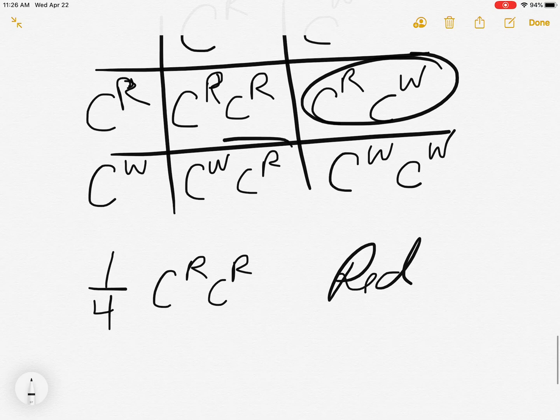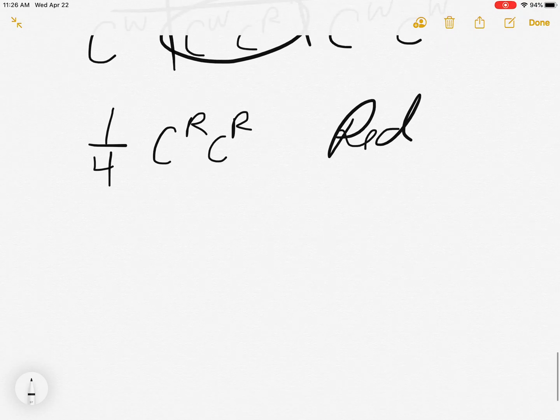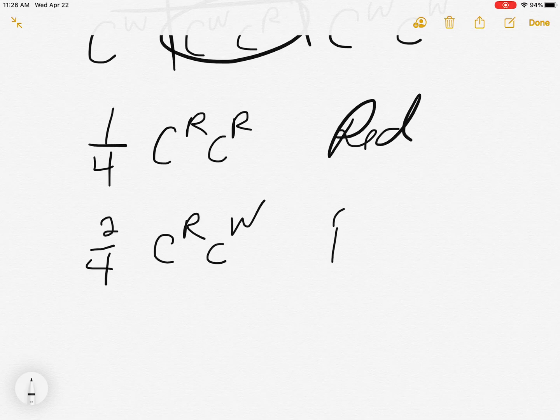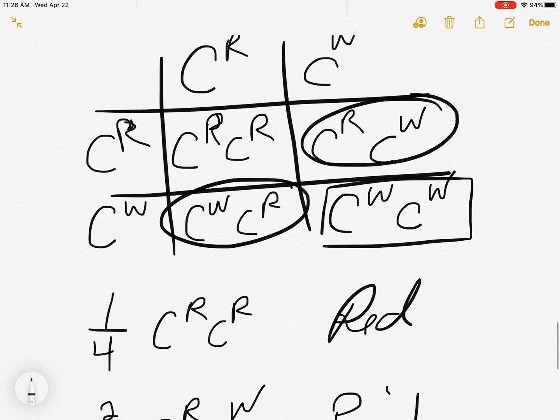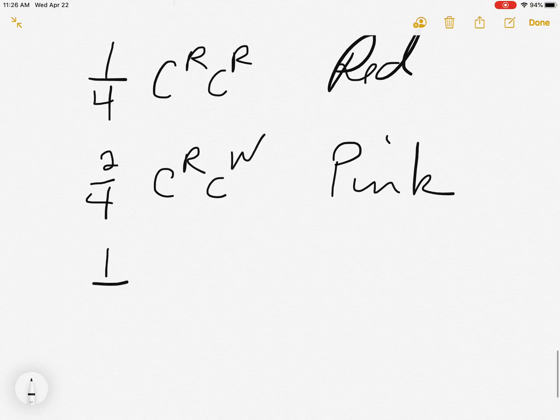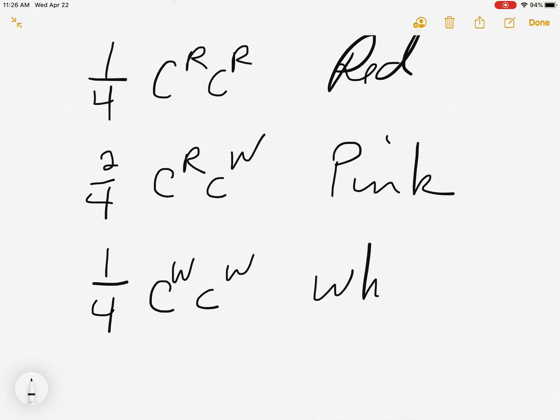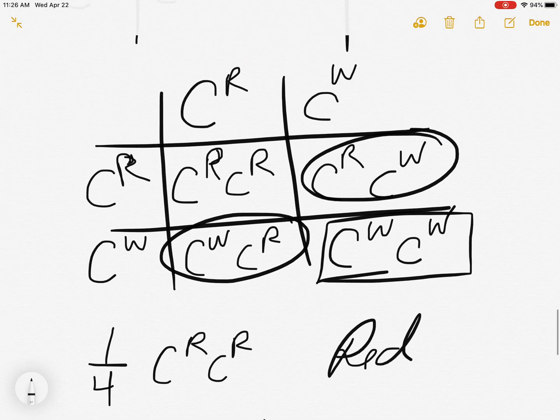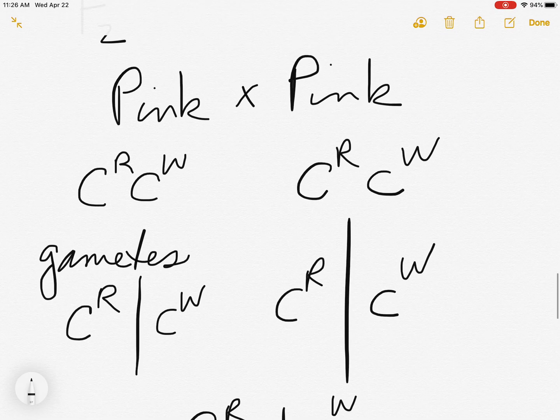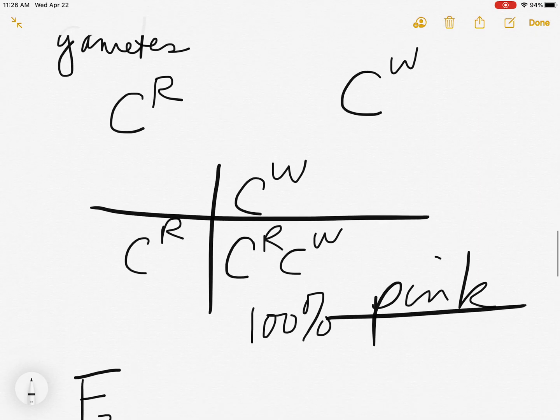And what color would that be? Red. So 2 pink flowers can actually make a red flower. Then I have, if I look at these 2, they're essentially the same, just reversed. That's 2 out of 4 CR, CW, which are pink flowers. And the last one, right here, CW, CW, 1 out of 4, which is a white flower.